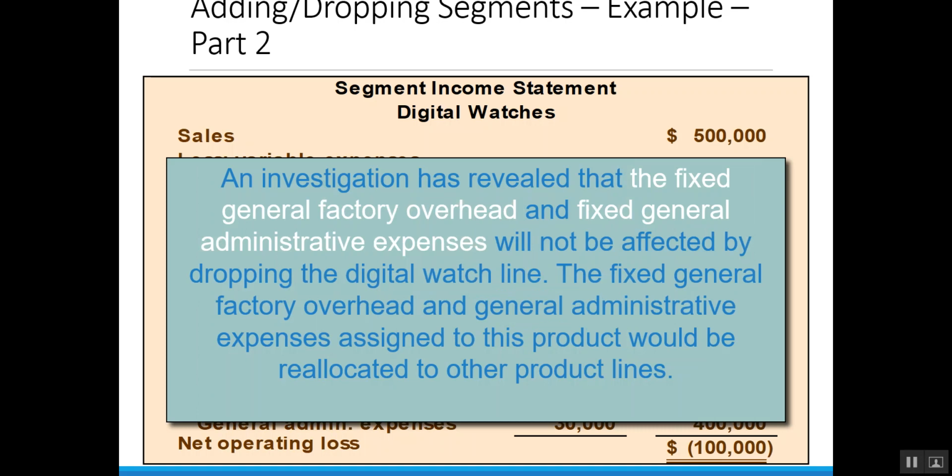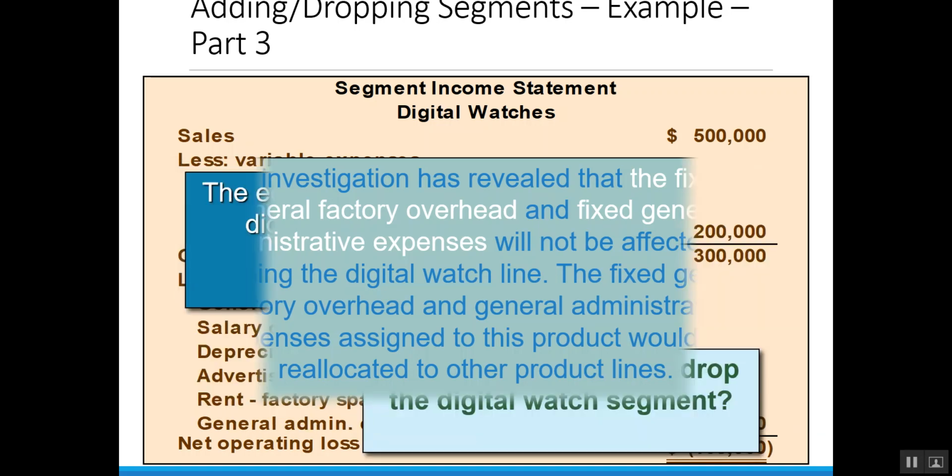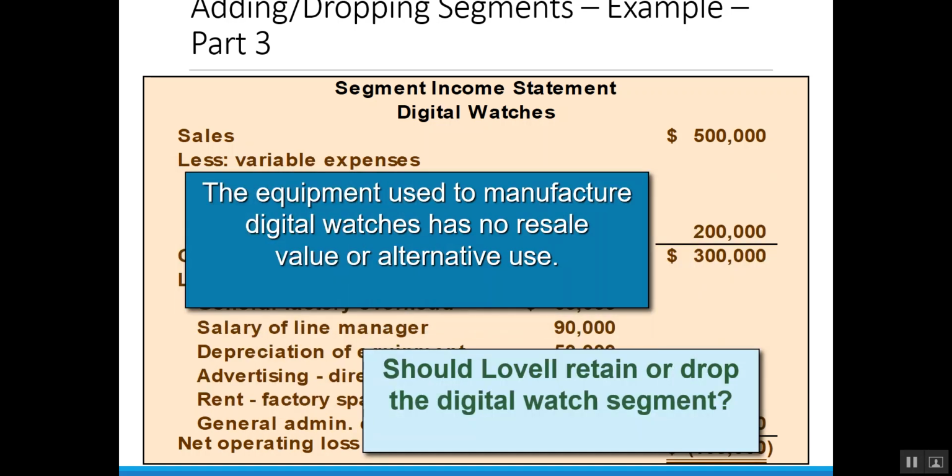Now, they've looked into these costs, and the fixed general factory overhead and fixed general admin costs won't be affected if they drop the digital watch line. When we drop that line, we're not going to get rid of those costs. They'll still be there. Fixed general factory overhead and general administrative expenses assigned to the product would then be allocated to other product lines. So, should Lovell retain or drop the digital watch segment?